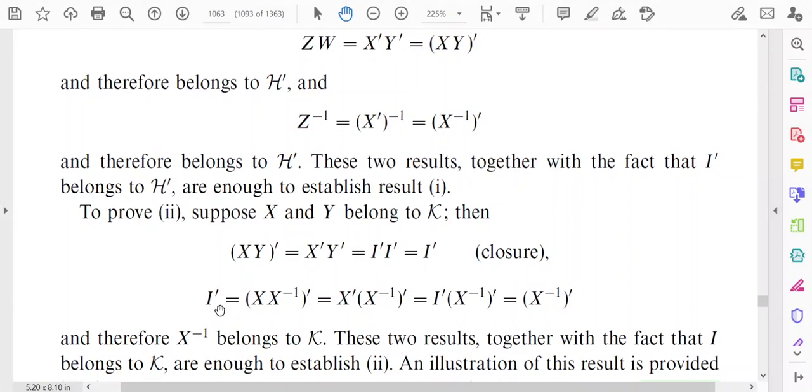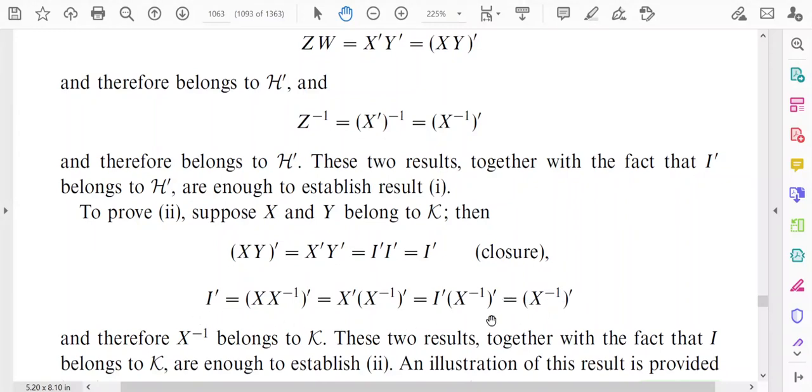Again, I prime we can write as (X inverse) prime. So according to the rule of homomorphism, this equals X prime into (X inverse) prime. Now X prime we can write as I prime, and I prime into (X inverse) prime is equal to (X inverse) prime.